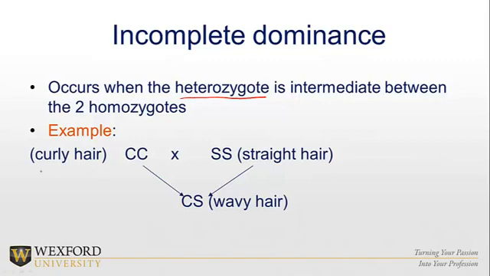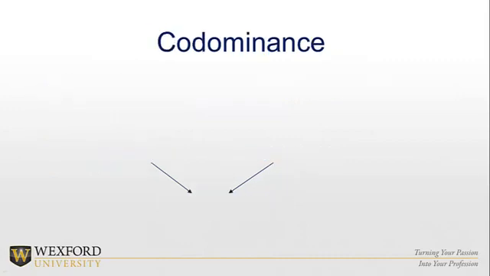So we have this person over here who has curly hair, okay, and a whole different allele that says straight hair. And when they come together, they have this blend of wavy hair. So neither one is dominant. Neither one has complete dominance over the other. It's more of that blend, the in between the two.